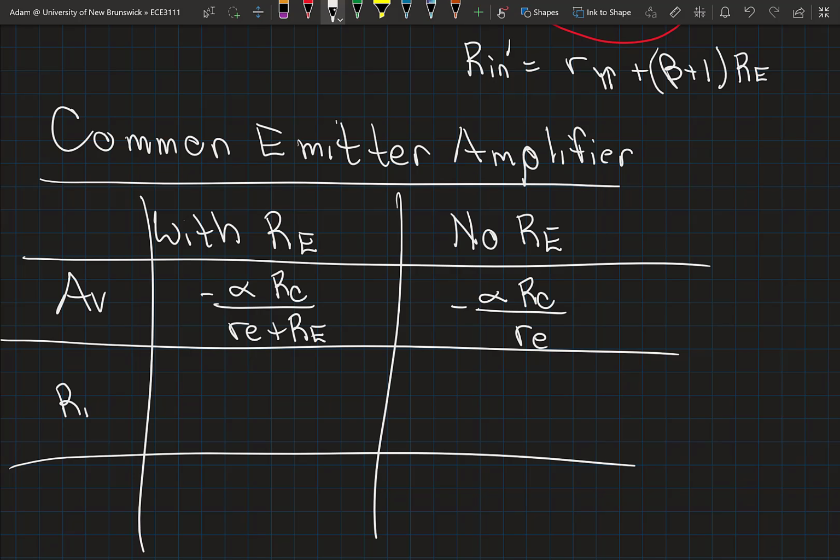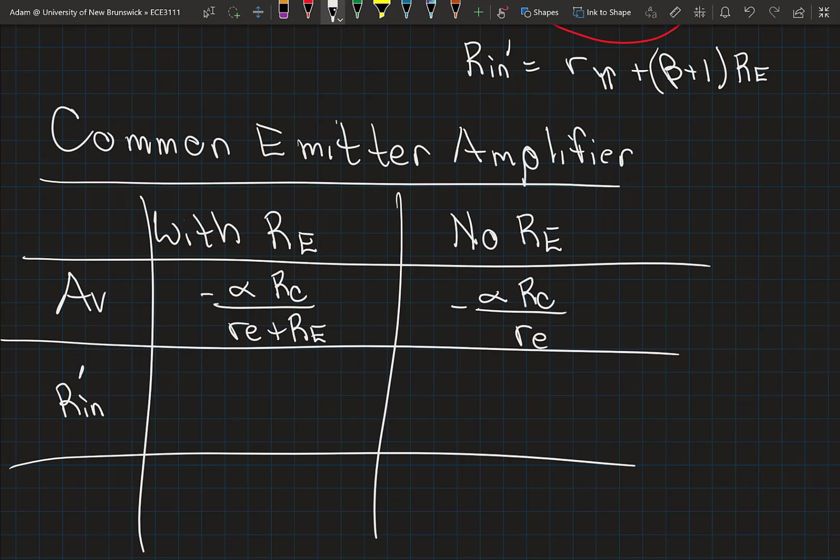My input resistance, I'm just going to say the input resistance prime here, looking directly into the base. Again, the input resistance from the perspective of the source will depend on the external bias circuit, and we've accounted for those in our observations up above.